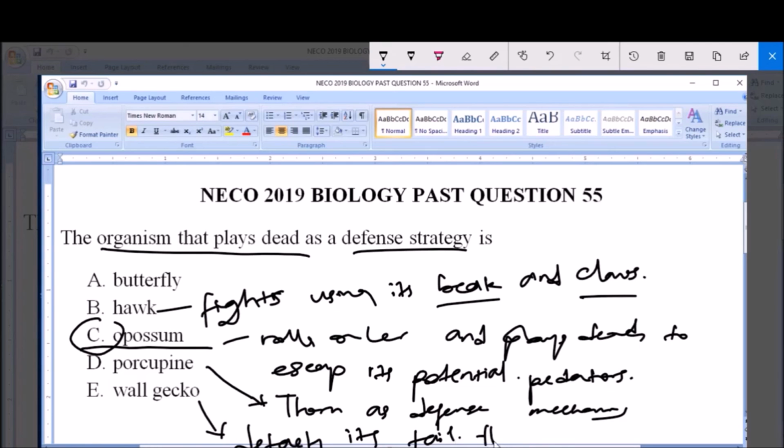When it detaches its tail, the predator would think maybe this wild gecko is already dead, not knowing that it is actually the part of the gecko that has been detached, and then the wild gecko escapes. So this is the defense strategy for the hawk, the porcupine, and the wild gecko. But the organism that plays dead as a defense strategy is actually the opossum, which is option C.